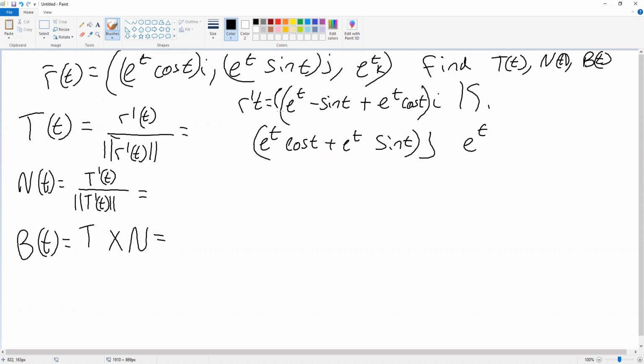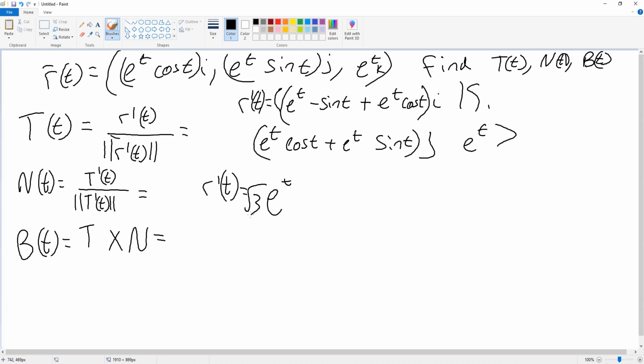And so probably put that back to vector notation. If you want to find the magnitude of that guy, that's not that hard, is it? The magnitude, let's see. Square root of 3 times e to the t. Okay, all right.